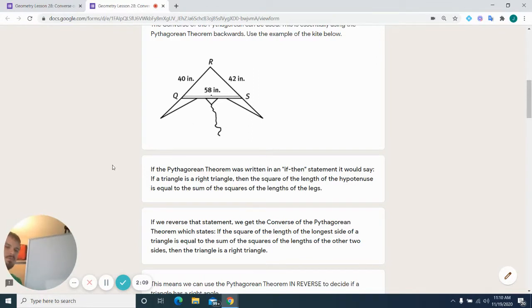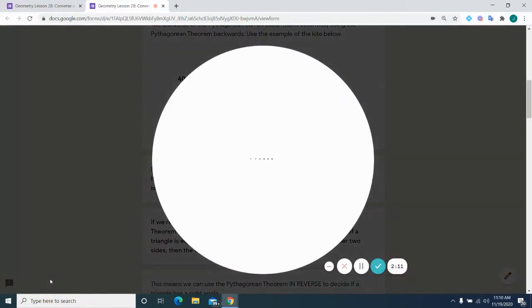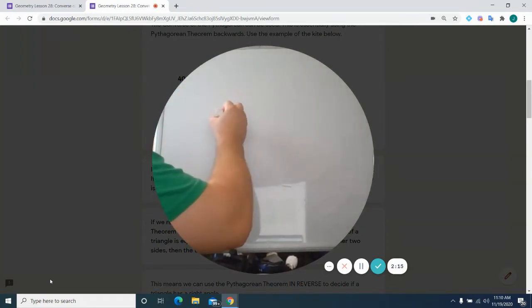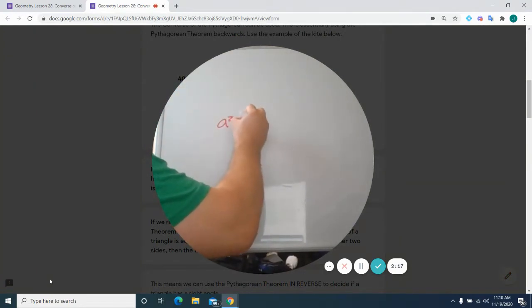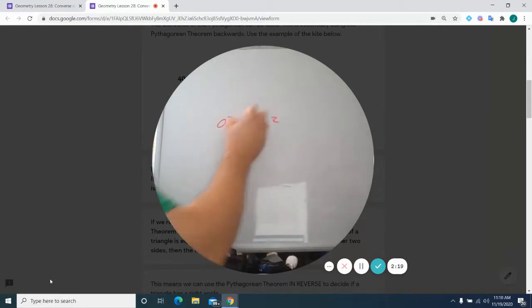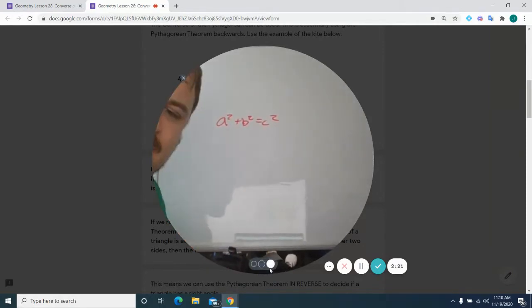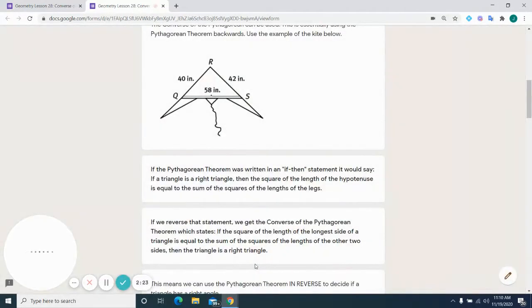Remember, the Pythagorean theorem says that a squared plus b squared equals c squared. In this image we have a kite with 40, 42, and 58.